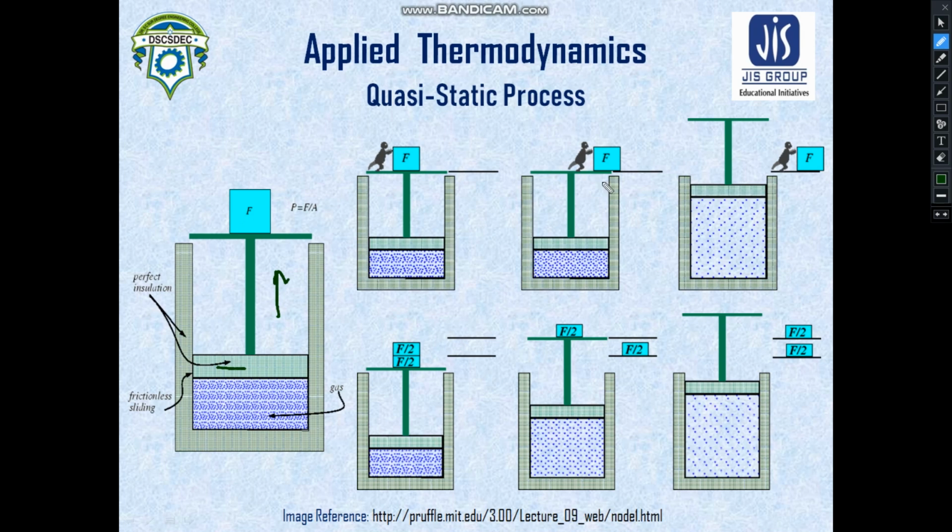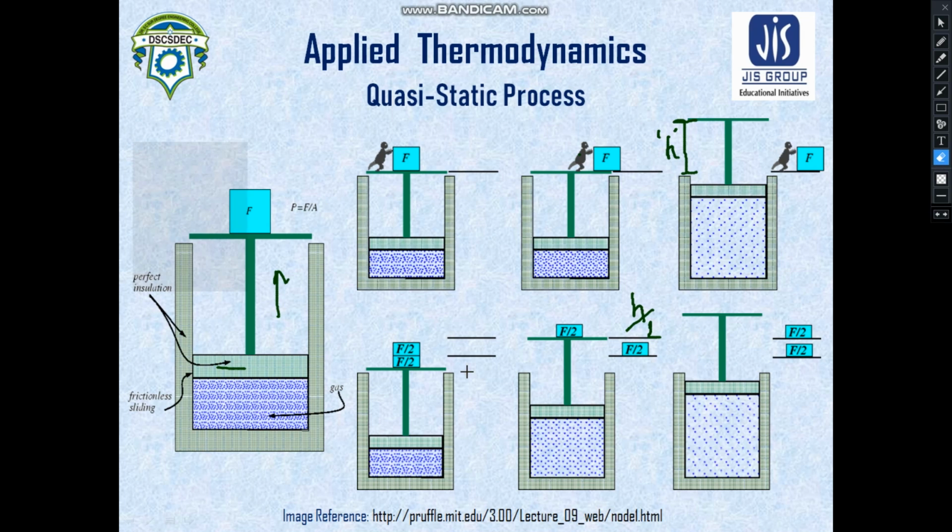So the person here has to remove two different weights. Initially, here the change was much more rapid. Suppose the piston moved a distance of h in the upward direction. Here we'll see the piston will move h by 2 distance in a much longer time.